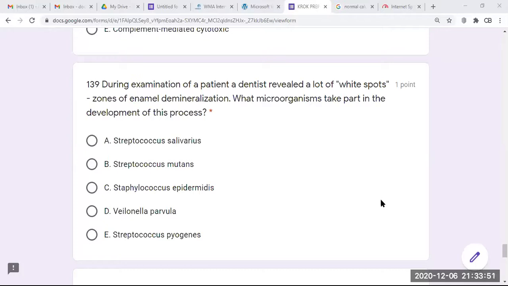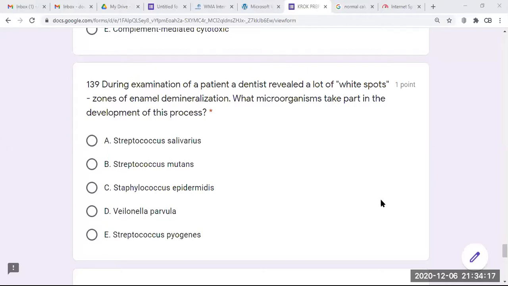How? So you take in fruit, right? And the sugar of fruit is called what? Sucrose. Or you take any sugary food, right? And it contains sucrose. So this sucrose, that is what the Streptococcus mutans like. What they will do is that they will break the sucrose down into what?